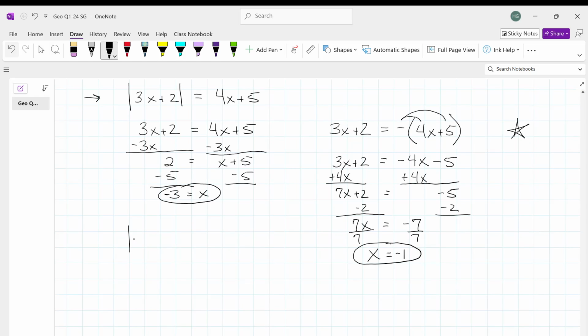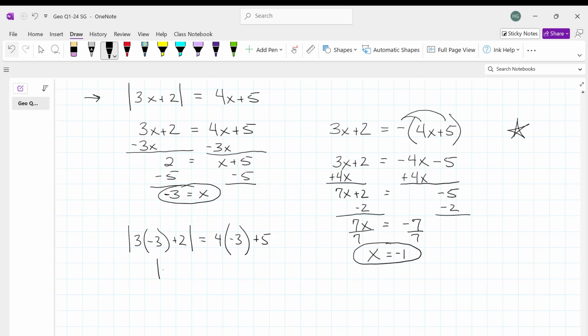The absolute value of 3 times -3 plus 2, is that equal to 4 times -3 plus 5? So on the left-hand side, 3 times -3 is -9 plus 2 is -7, right?